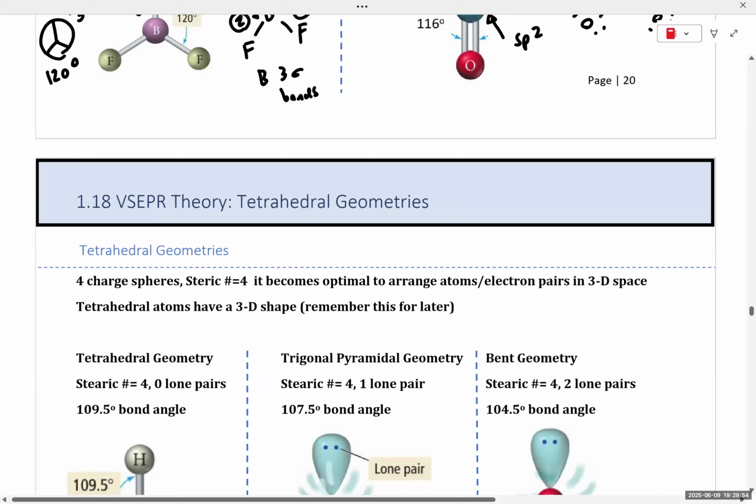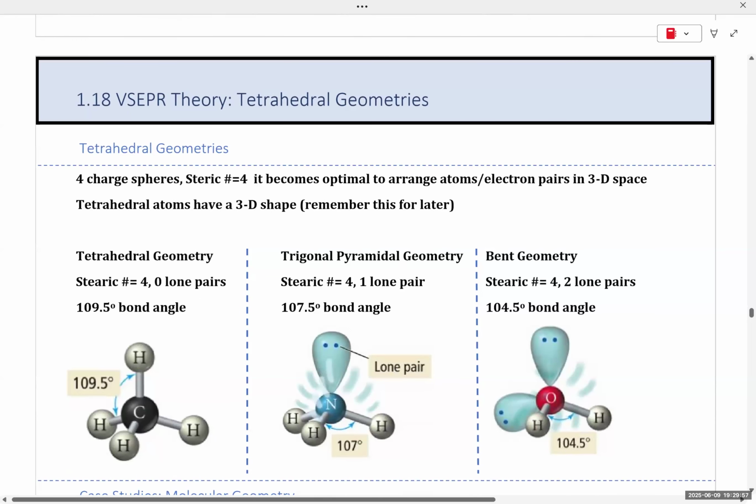Okay, let's now talk a little bit about the tetrahedral geometries. Probably one of the more important sets of geometries, considering carbon often adopts a tetrahedral geometry, and nitrogen and oxygen are extremely common in organic structures. The tetrahedral geometries are defined by 4 charged spheres, having a steric number of 4. At this point, to get the maximum separation between our bonds, it becomes optimal to arrange atoms and electron pairs in 3-dimensional space.